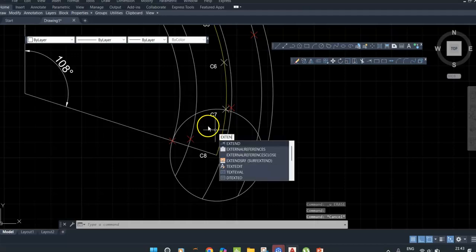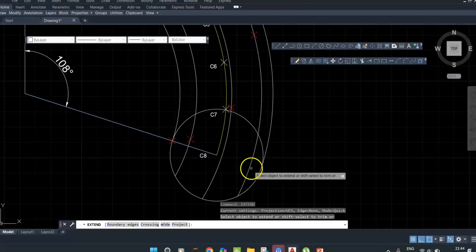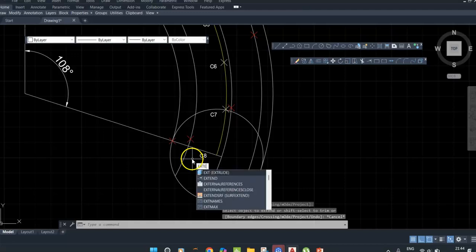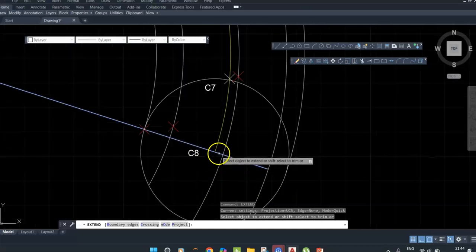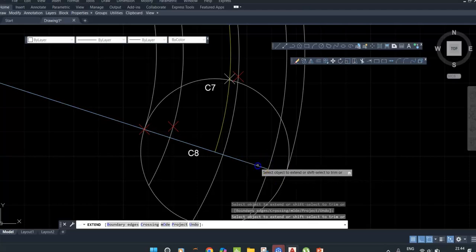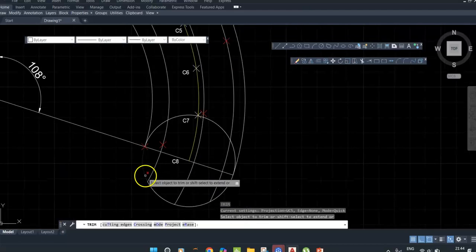What we will do is extend this line so that after trimming there will be no confusion.